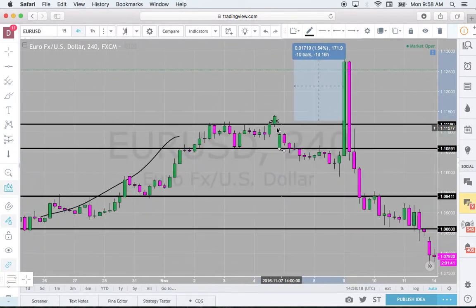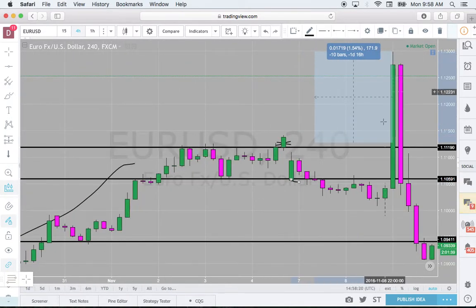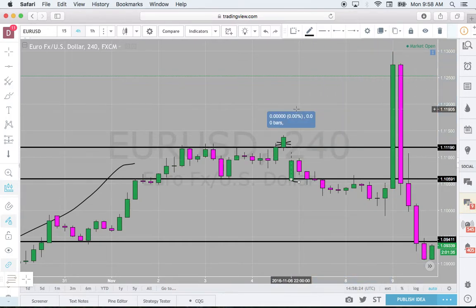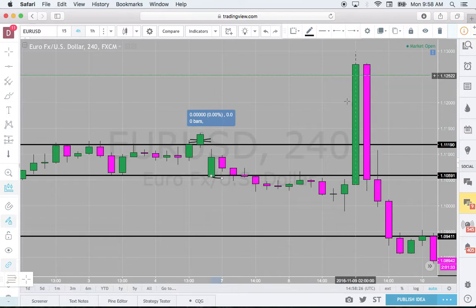This was another one, just to catch those breakout traders. Look at this big railroad track. That's what we call these candle formations, where one candle shoots up and then the next one straight down to follow it. It looks like a set of railroad tracks, right? So there it is again.